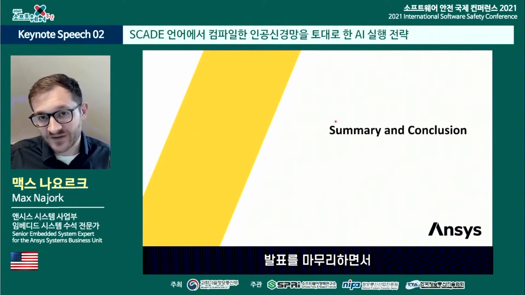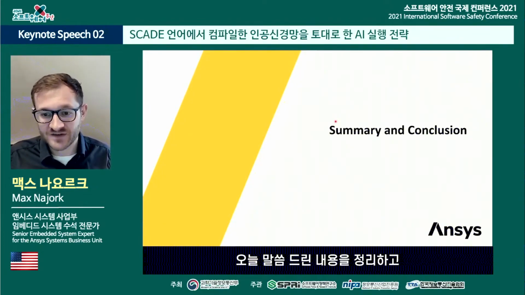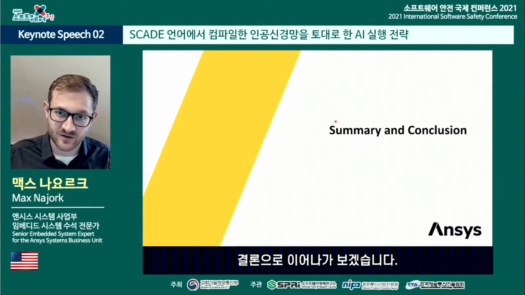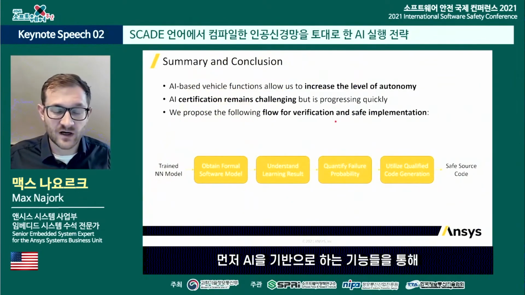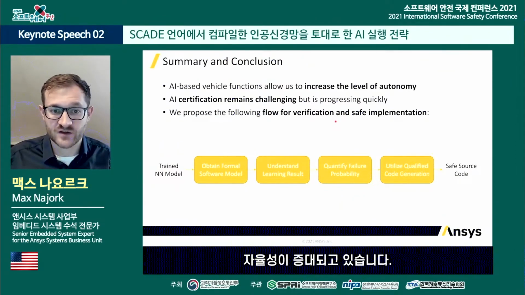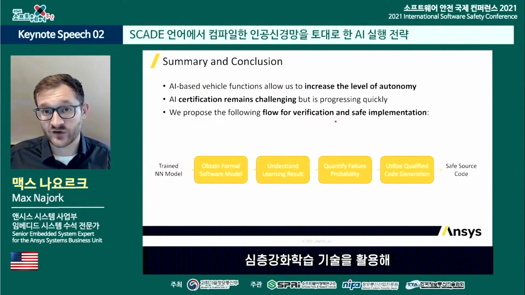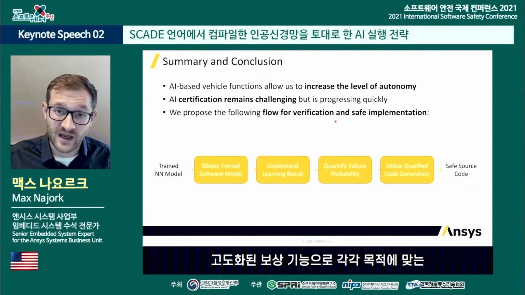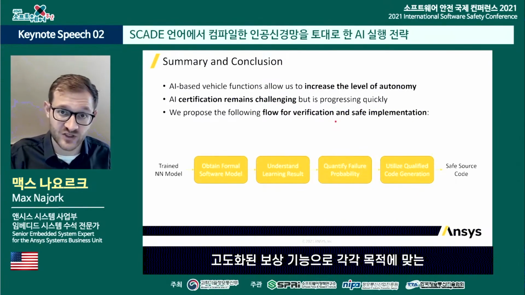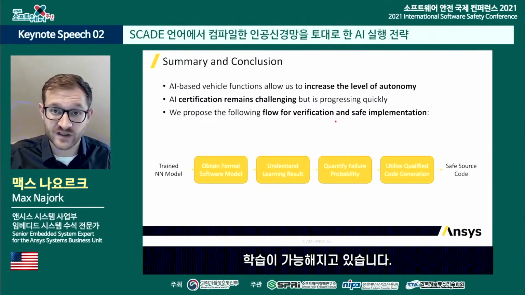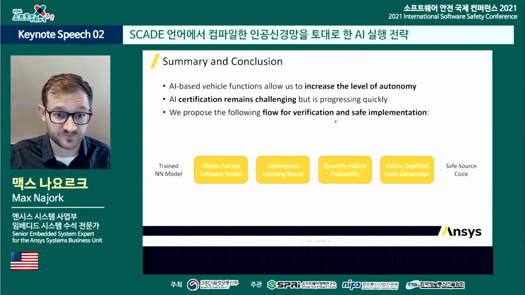Now we're getting to the end of this presentation. So let's summarize what we discussed and draw a conclusion. We have seen that AI-based functions allow us to increase the level of autonomy. We have seen how we can use reinforcement learning techniques and very sophisticated reward functions to put all kinds of objectives in and learn a single control law based on them.